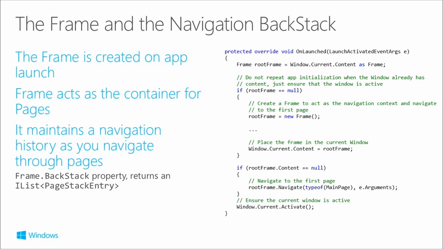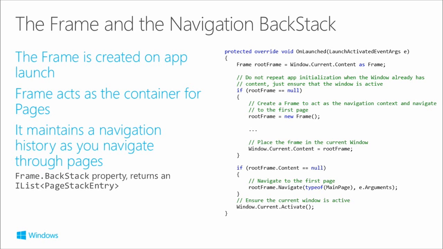If you're not familiar with C#, as Frame means take whatever object is in Window.Current.Content and try to cast it to a Frame object. If it's not a Frame object, you just get back a null. Then the next if statement says if rootFrame is equal to null, that means we haven't got a frame in our window, so we need to create one. So we say rootFrame equals new Frame. This is all boilerplate code. It's all in the new project templates. You will never have to code this yourself.